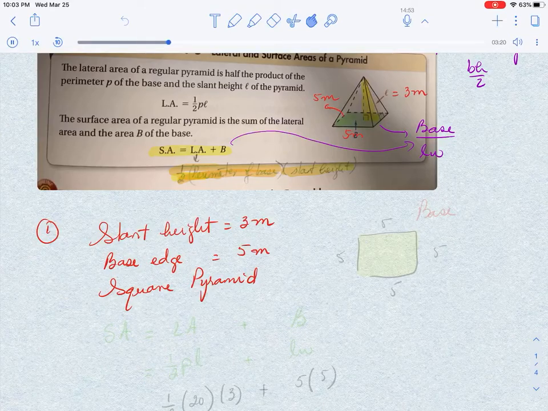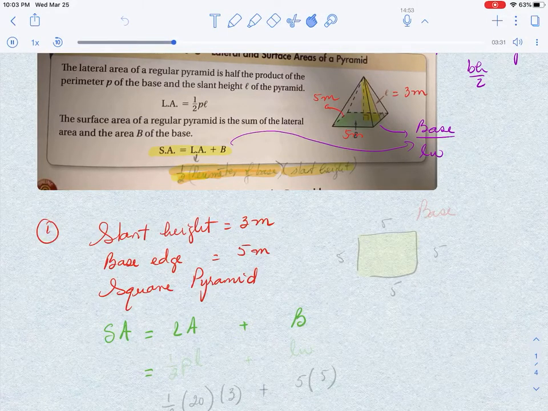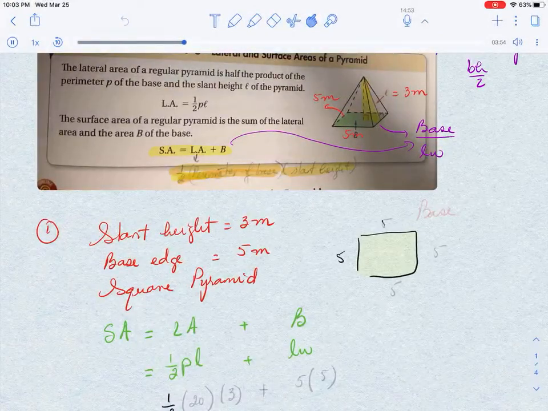So to find the surface area, I'm going to put it down as 1/2 perimeter of the base times the slant height, plus the area of the base, which is length times the width. So I should have 1/2 the perimeter of a square, which is 5, 5, 5, and 5. That should give me 20.